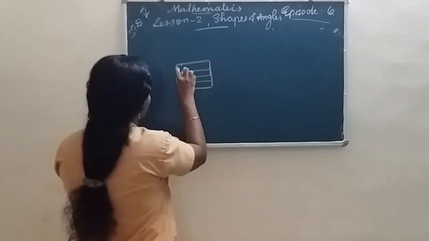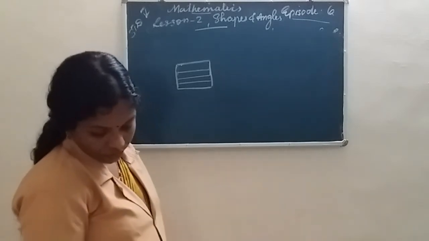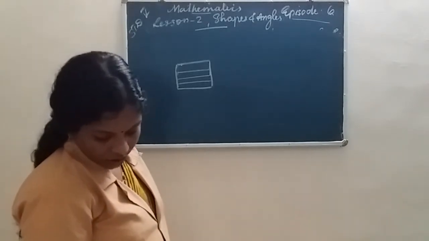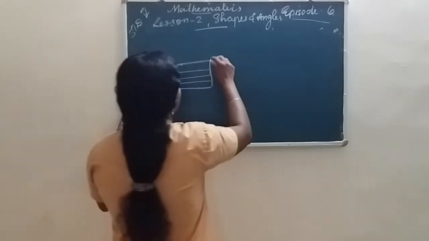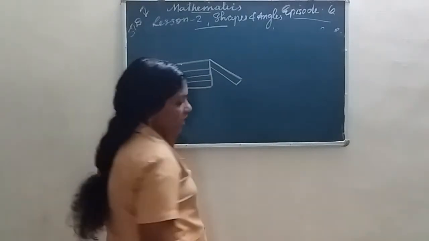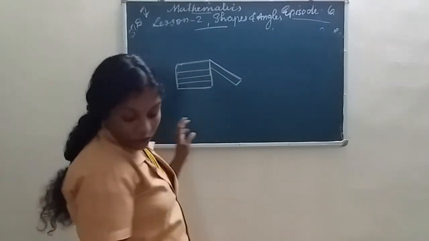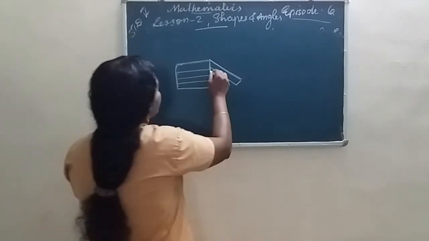Okay, these are some 4 books. And keep one book slanting to make a slide. One book slanting, make another book place like this one. And you want to find out the angles.